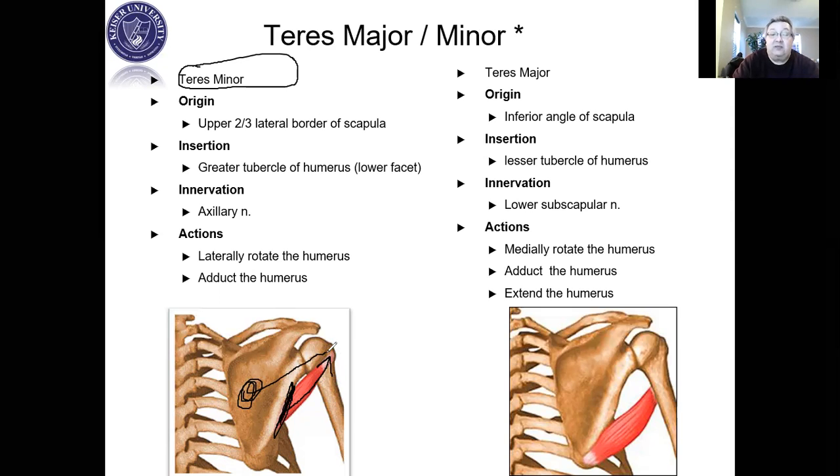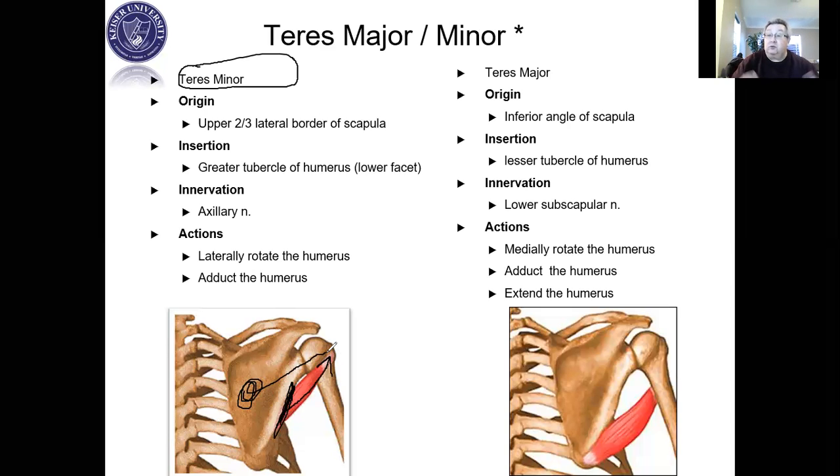It also helps with adduction, just like pec major and just like latissimus. It's not a major mover of that movement. More important is that you know that teres minor is an external or lateral rotator of the humerus.